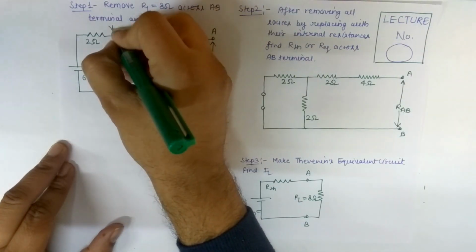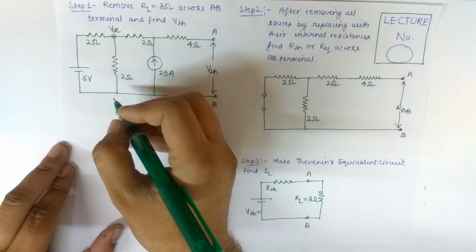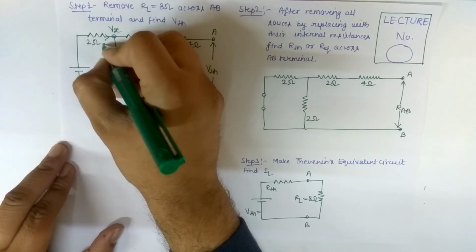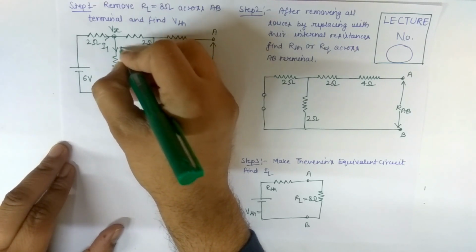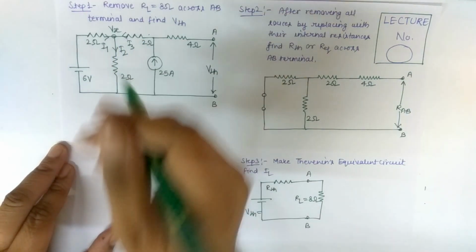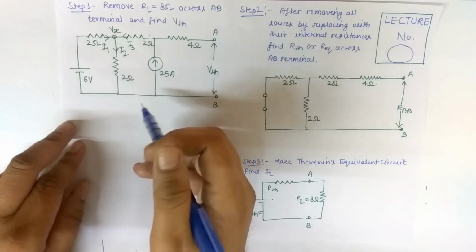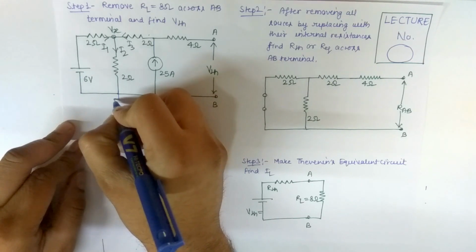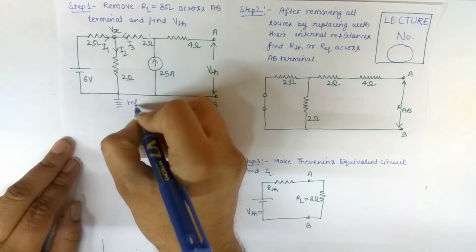Let us consider this is Vx, and we denote the currents at this node as I1, I2, and I3. Now we apply KCL. Let us say this is our main node and this is our ground potential, the reference node.